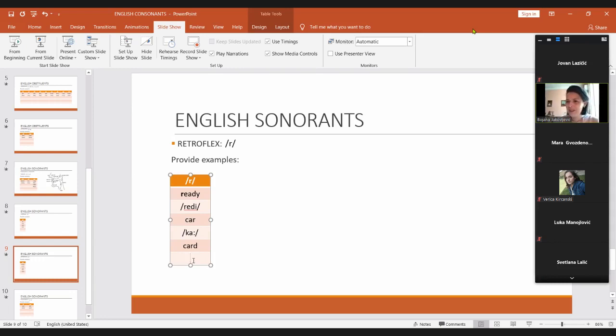In British, it's card. Another position when you do not produce R in British is if it is followed by a consonant. So if followed by a consonant, you do not produce it.